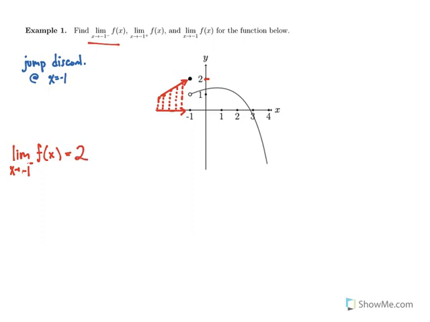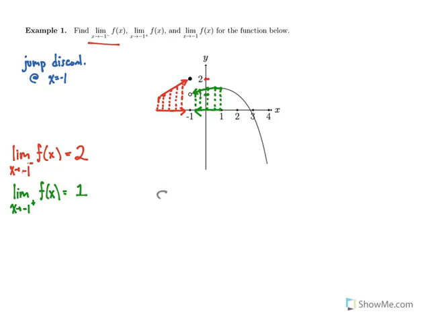When we look at the limit as x approaches -1 from the right, we look at the x values getting closer and closer. Then we're going to look at the corresponding y values. And they seem to approach this hole, which is associated with the y value of 1.